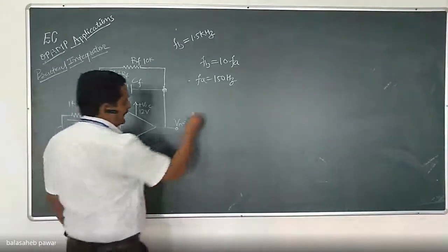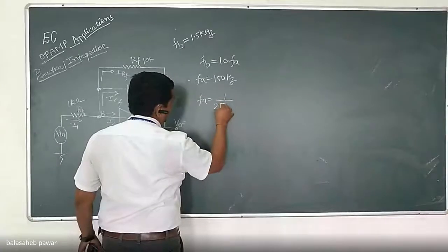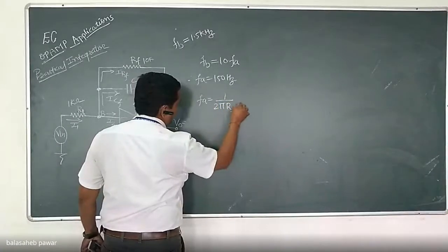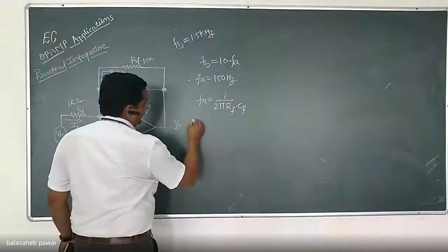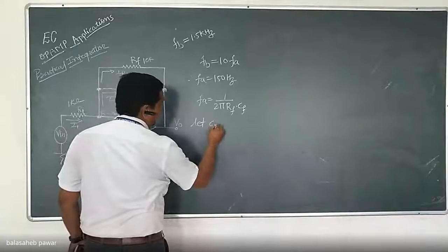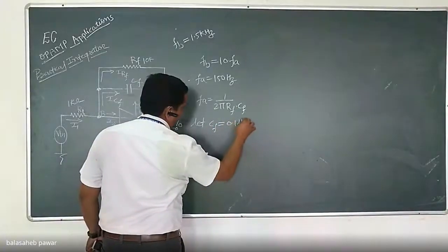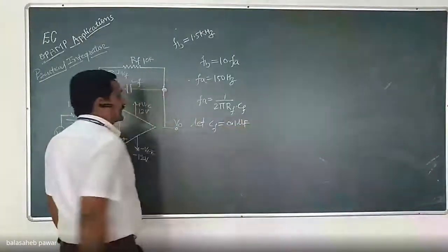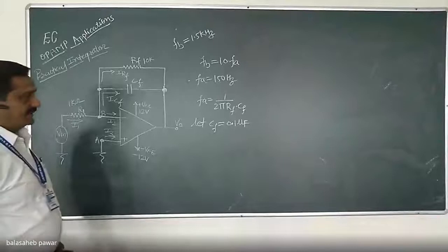Now, FA equals 1 upon 2 pi RF into CF. Write down: consider CF equals 0.1 microfarad.